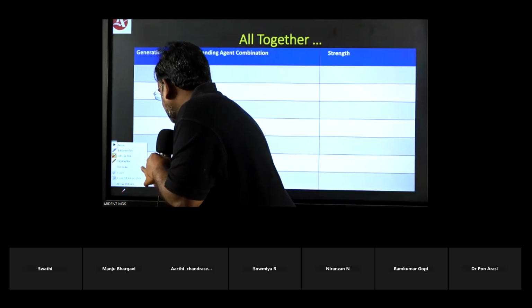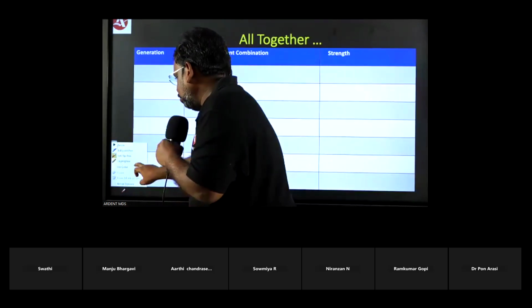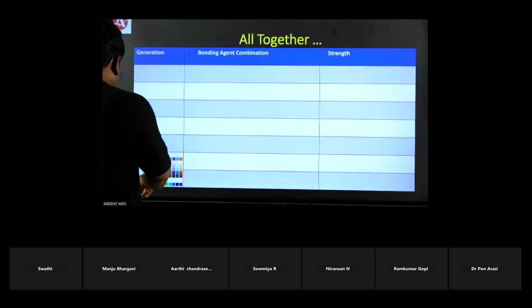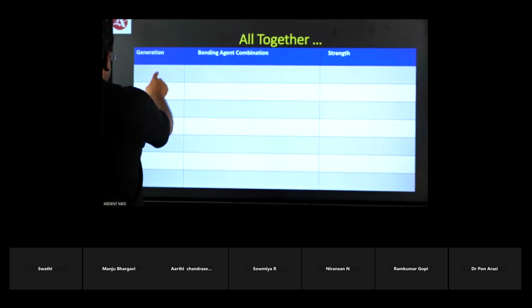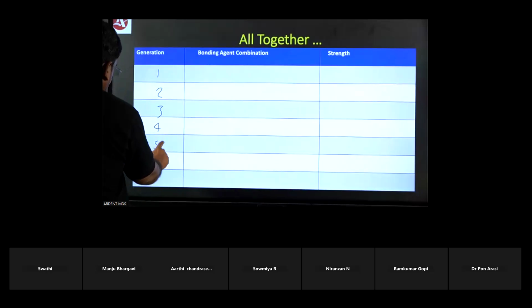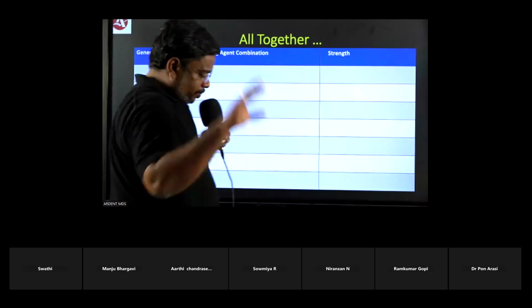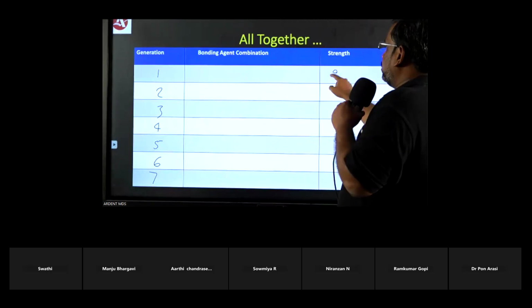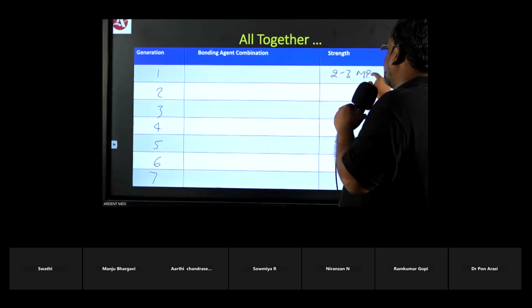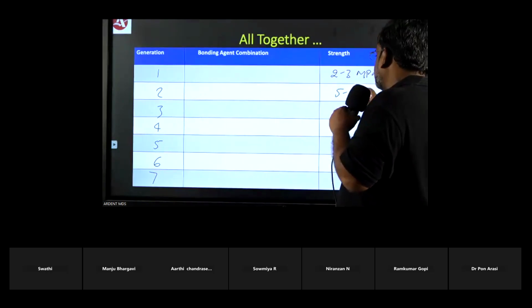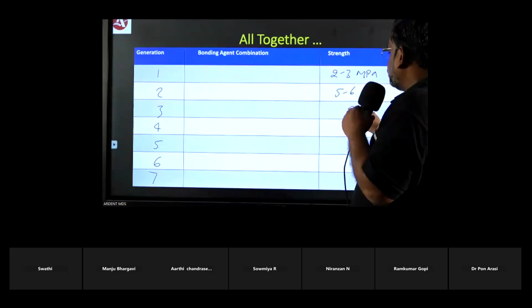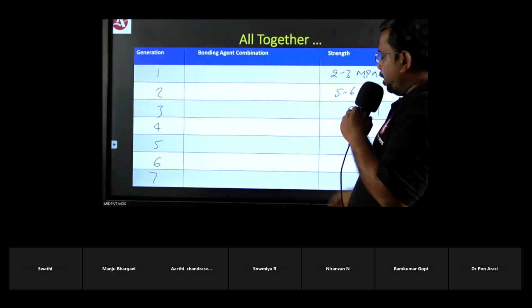How many generations? Seven generations, right? Let's go for a fast recap of whatever we learned till now. There are totally seven generations. First generation, the strength is between 2 to 3 megapascal. Second generation is between 5 to 6 megapascal. Third generation is up to 8 megapascal.